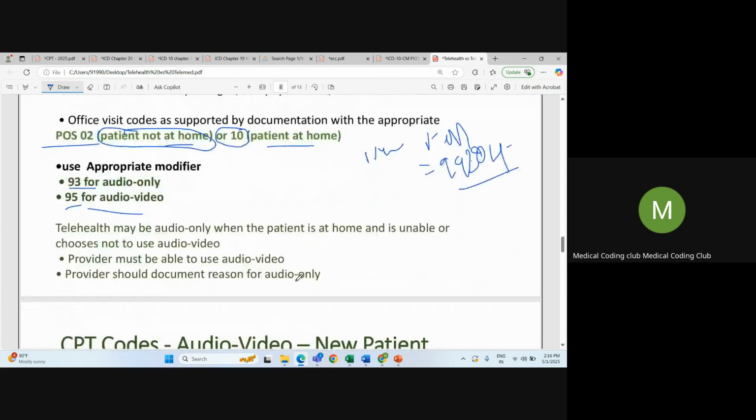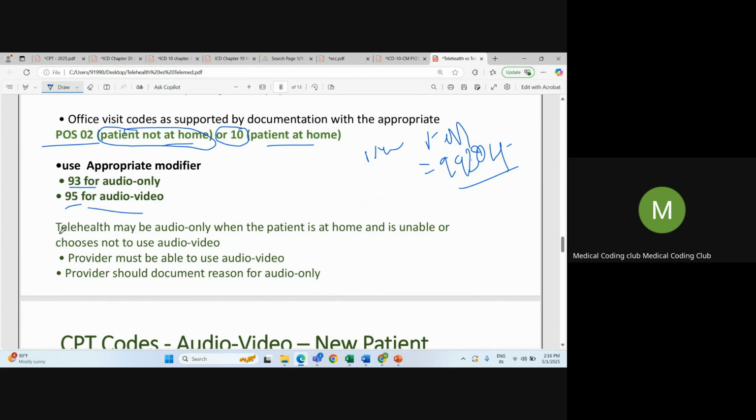So you can see, sometimes in telehealth, maybe audio only, when the patient is at home and chooses not to use audio plus video. Sometimes the patient will not be so comfortable with switching on the video. If that is the case and they are not able to switch the video, then the provider should document that.